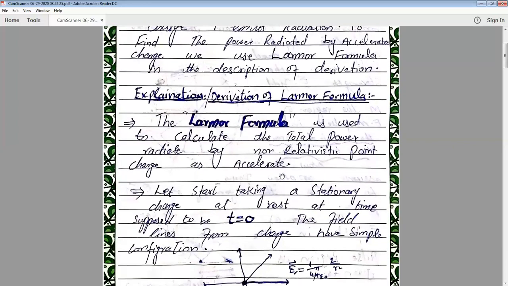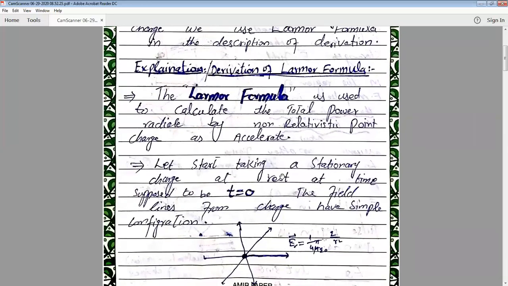Now, we will explain what the Larmor formula is, or simply the derivation for the power radiated by a point charge.